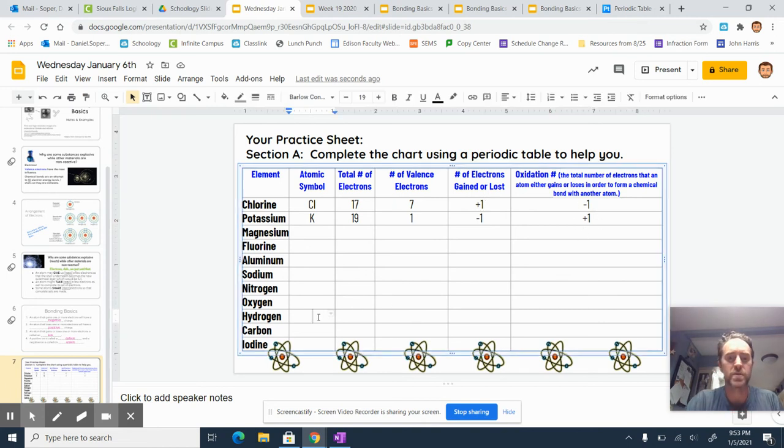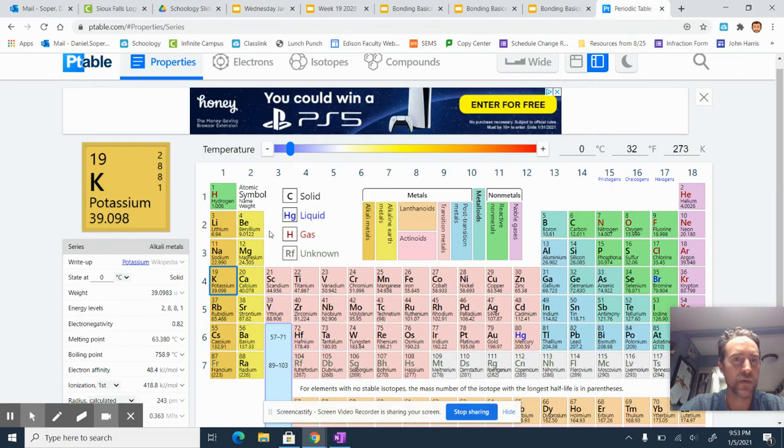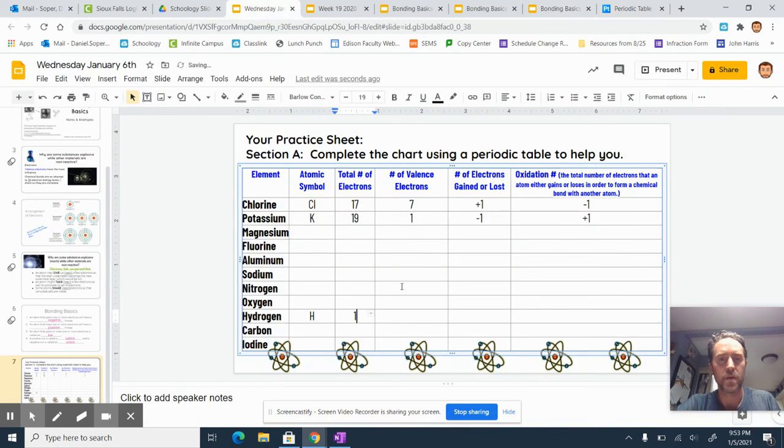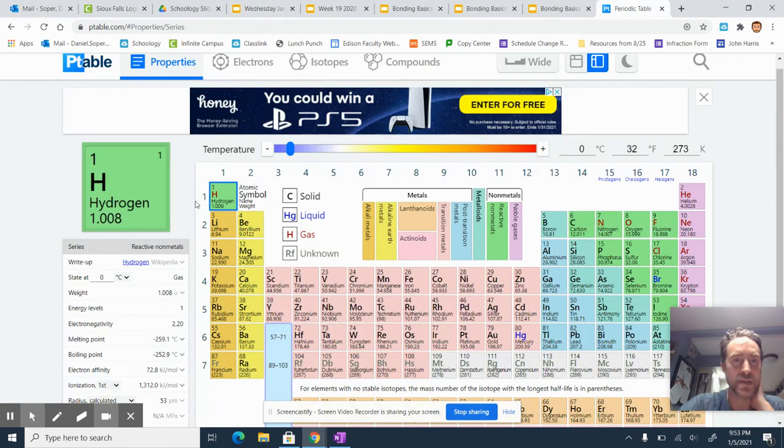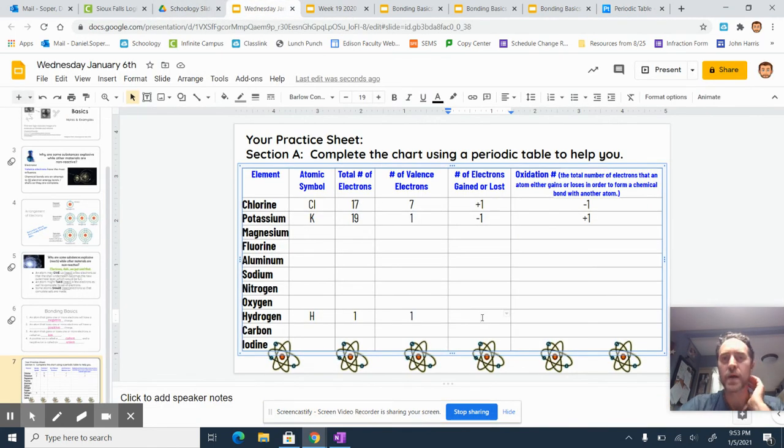All right, let's do hydrogen just because that's the one kind of oddball. So hydrogen is H on the periodic table. It has 1 electron, which means it has 1 valence electron. And again, we can double check that because it's in column 1. Easiest way for it to get a full outer shell?